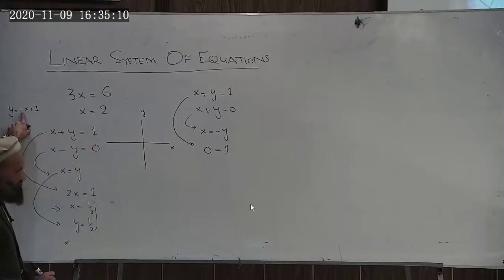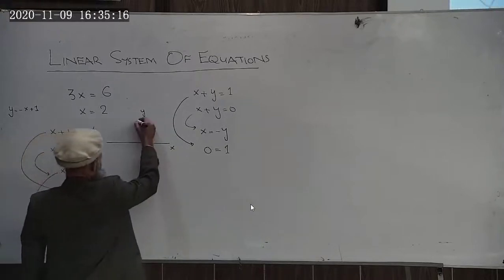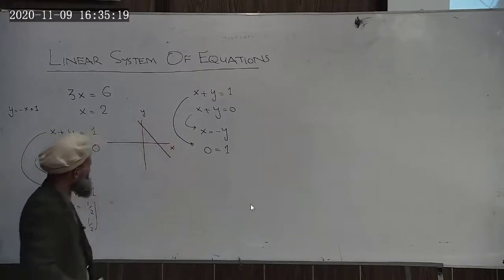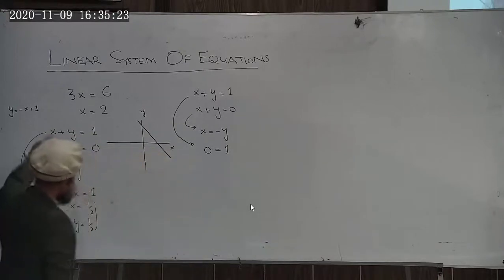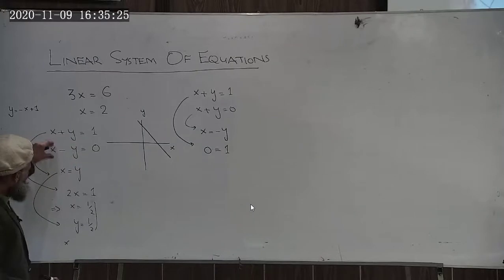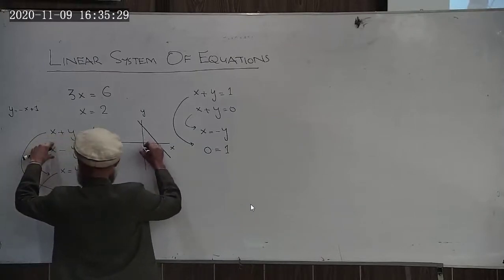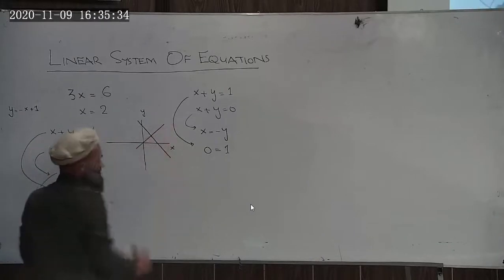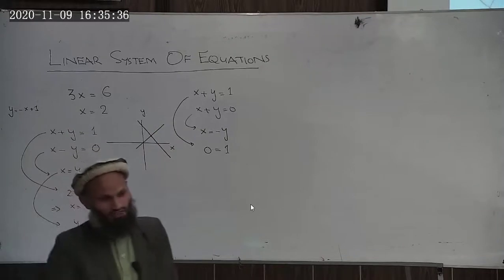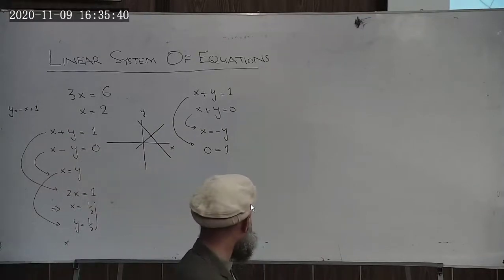So this is an equation with slope of minus 1 and an intercept equal to 1. So this is the graphical representation of the first equation. The graphical representation for the second equation is this one, x is equal to y. So this intersection point is the point which satisfies both the equations, and therefore this is the solution to these equations.